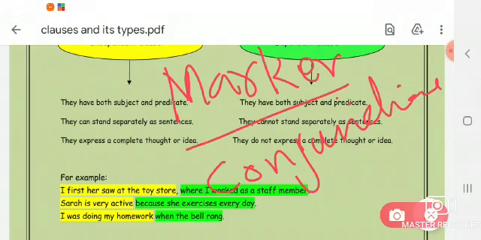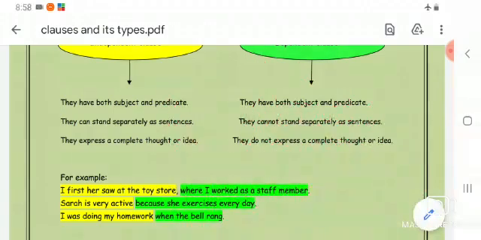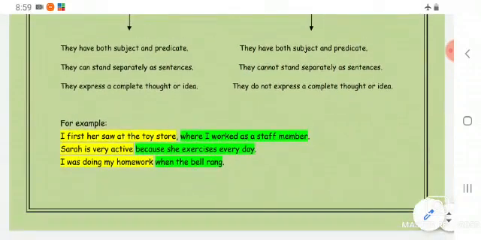Marker words like because, after, before, since, in order to, although, whenever, while, and conjunctions like but, and, or, not, yet, etc. Right? So now let's look at the examples here.